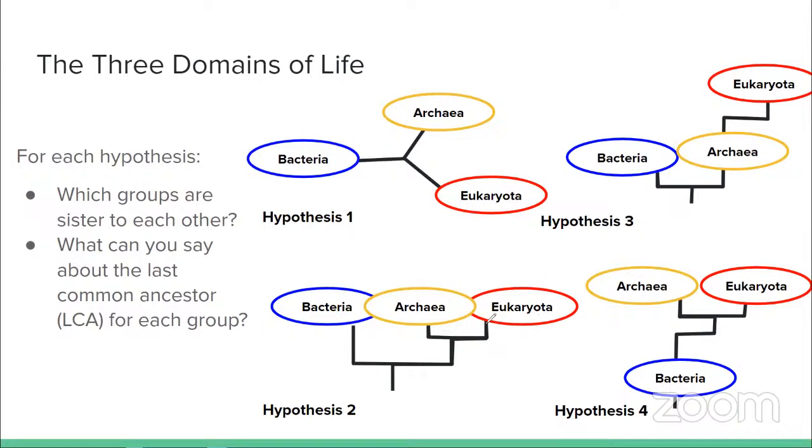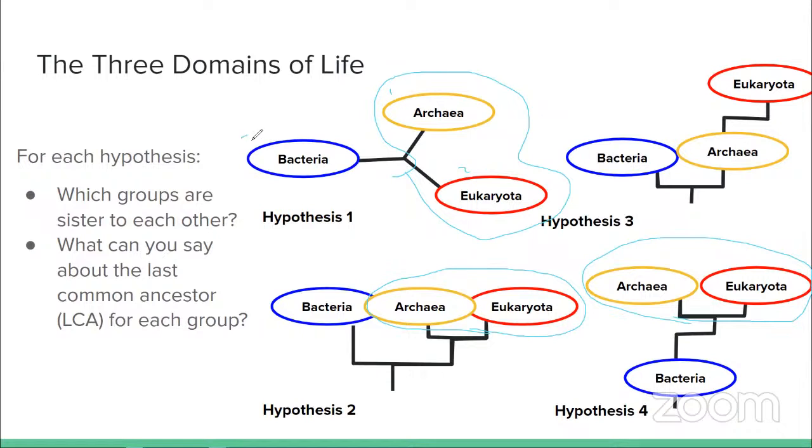So 2 of our hypotheses, 2 and 4, both have archaea and eukaryote as sister groups. Hypothesis 1 also kind of does. But in hypothesis 1, we also see bacteria as a 3rd sister group here. Right, so we got 1, 2, 3 sisters.